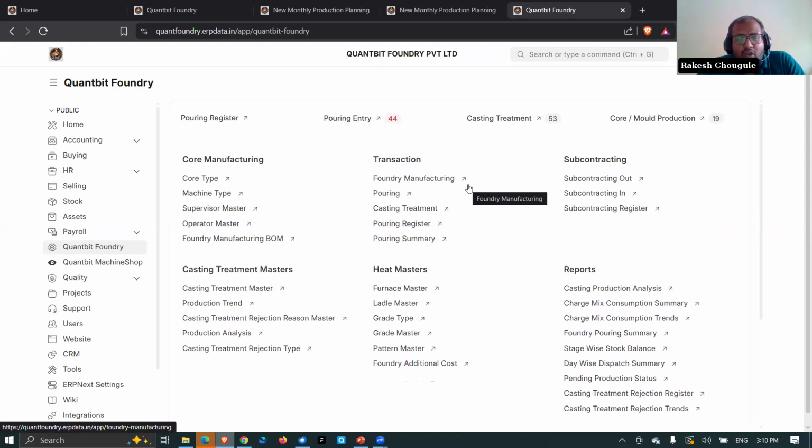The concept is that we have made a bifurcation in the whole foundry manufacturing process. There will be a melting process and casting treatment. We call it pouring. The pouring stage is the common stage across all foundries, and after pouring there will be allied processes which we call casting treatment.